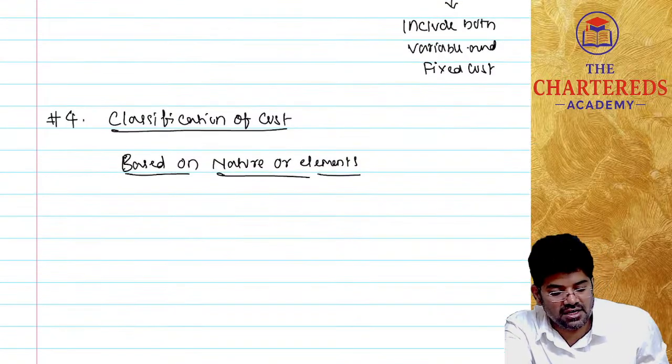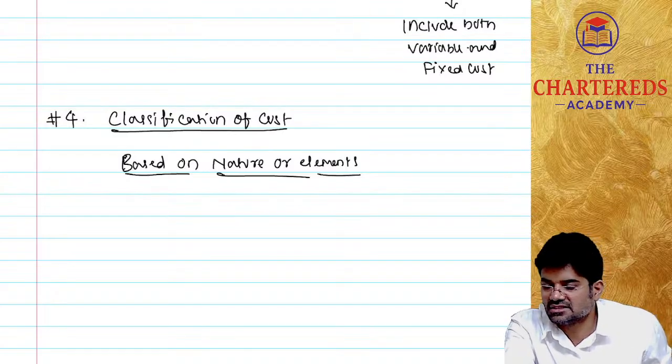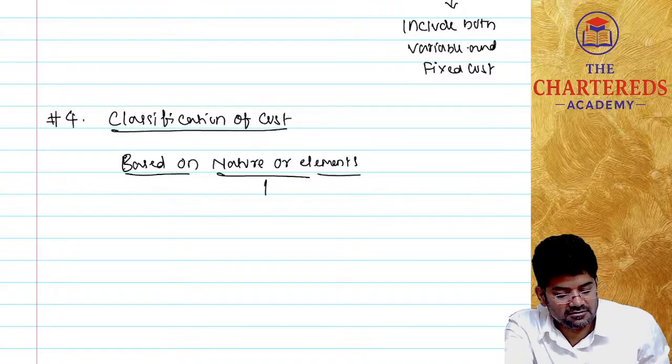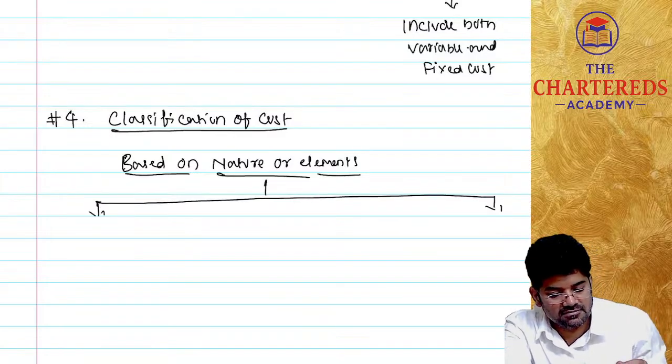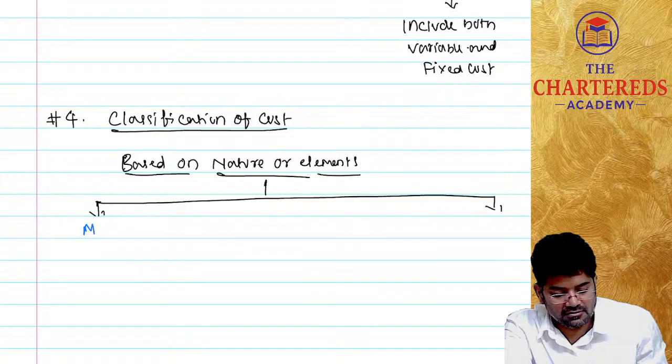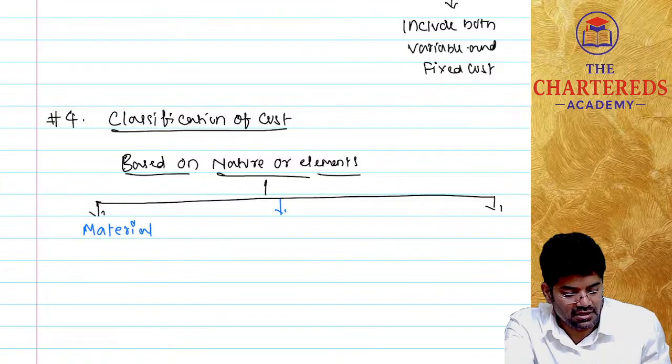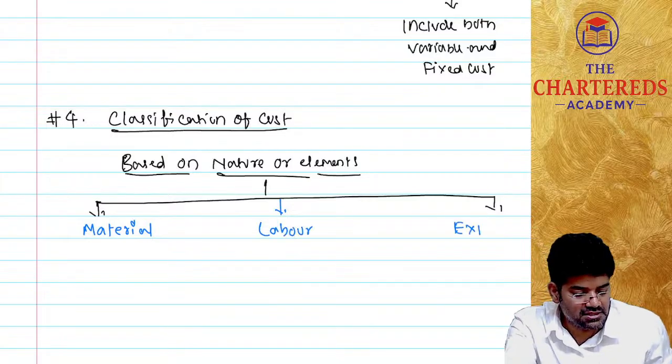Cost is classified into 3 categories: material, labor and expenses.